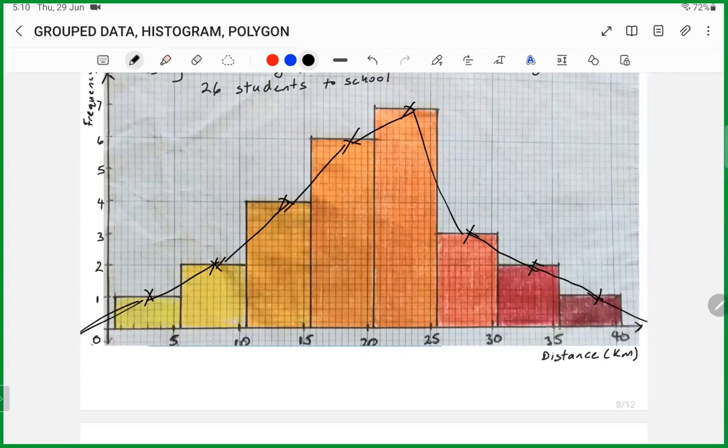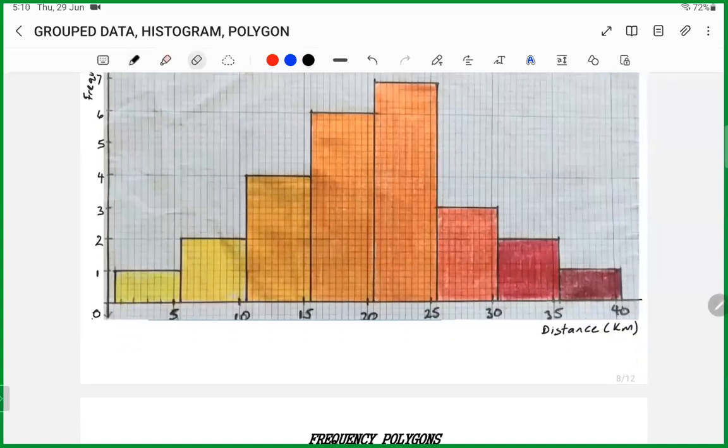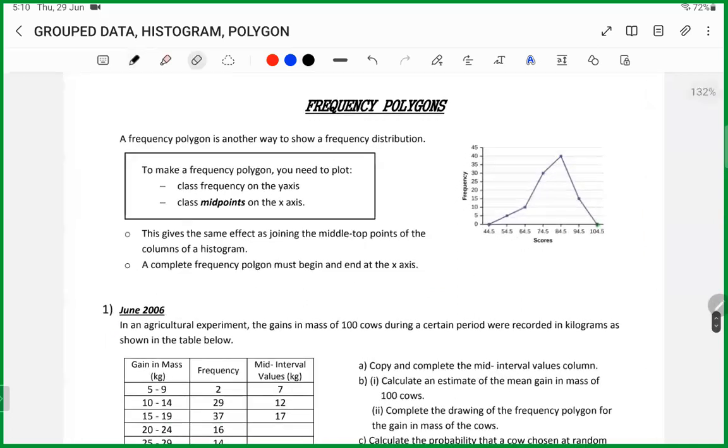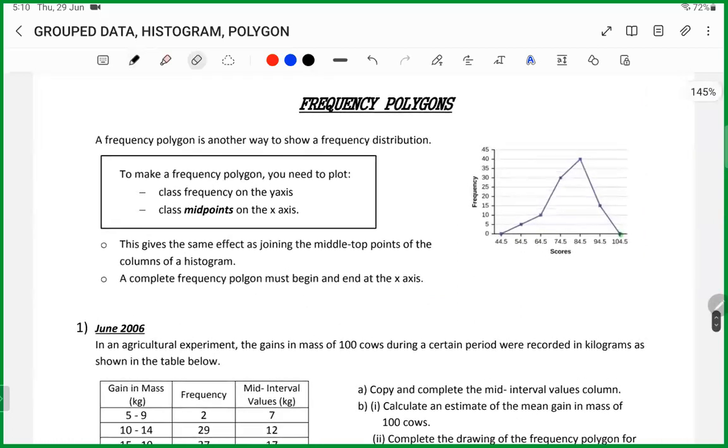So just using the tops of the bars, the middle of each top of the bar, and join them together, that is a frequency polygon. Okay, so there's a relationship between the histogram and the frequency polygon. But usually they don't do 2 on one diagram. It's either or usually.